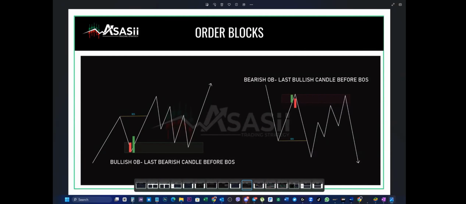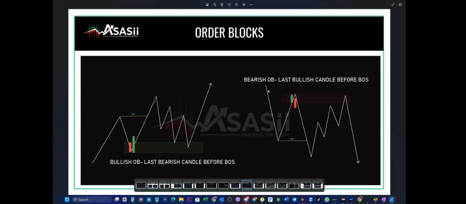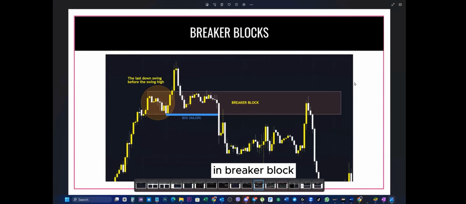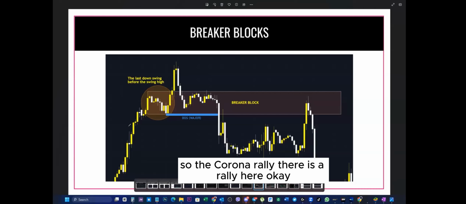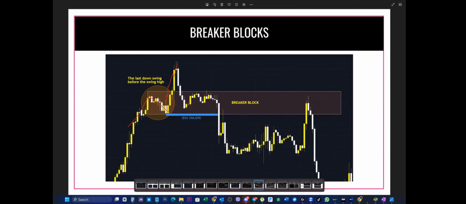Now, in order block, as you can see, this is the last bearish candle before the breakup structure. And in bearish OB, there is a last bullish candle before breakup structure. In breaker block, mapansinin natin, no? So, nagkaroon ng rally. There is a rally here. Okay, what is the definition of our order block?